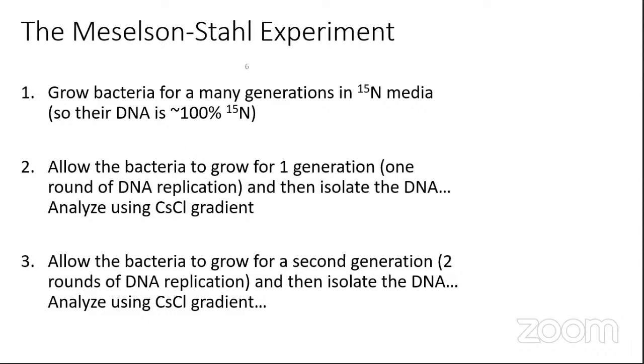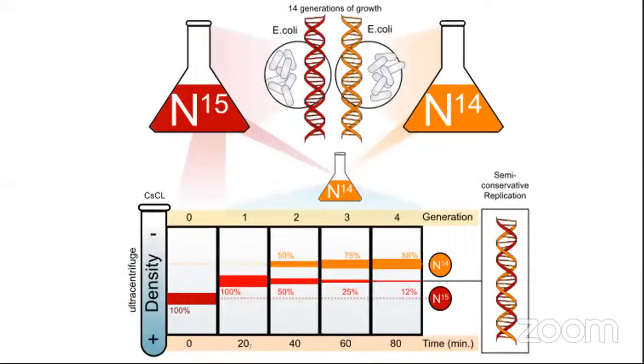So they started the experiment by growing the bacteria for many generations in N15 media, and later shifted the N15-grown bacteria into a medium which contains N14. Then they started to visualize the results by using cesium chloride density gradient centrifugation.